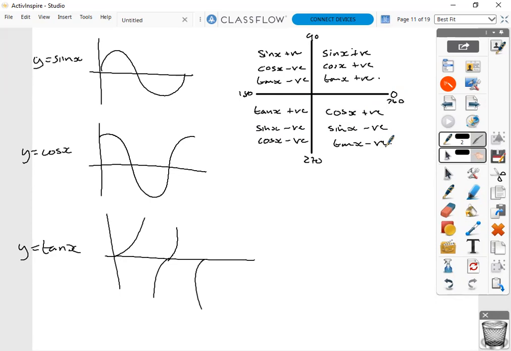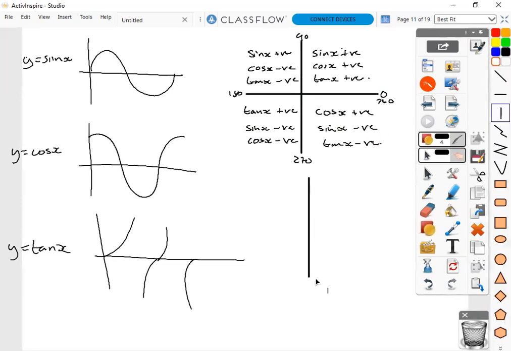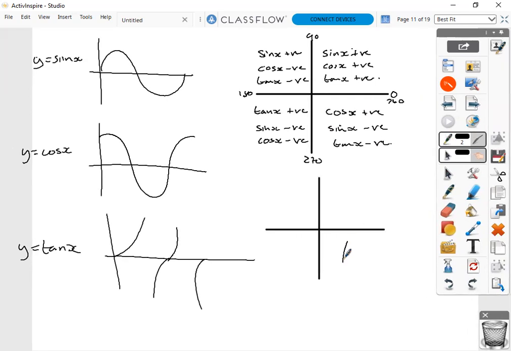That allows us to come up with our solutions when we rearrange the equations, and that's what we're going to go on to. Easier way to draw that: all of sin, tan, cos are positive between 0 and 90.